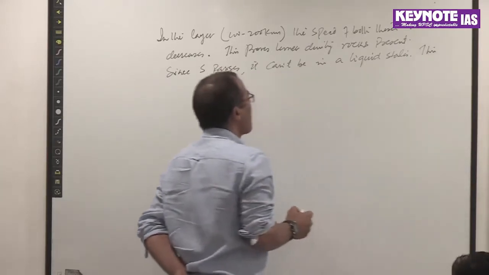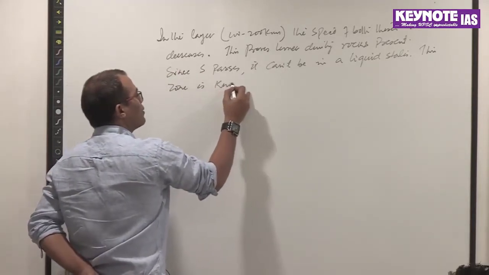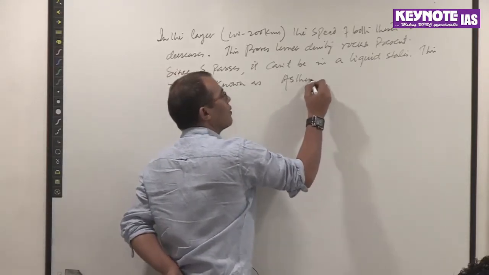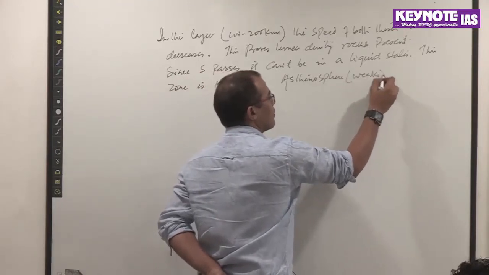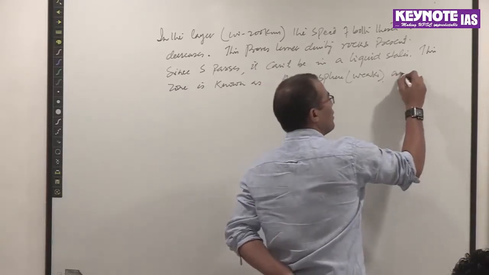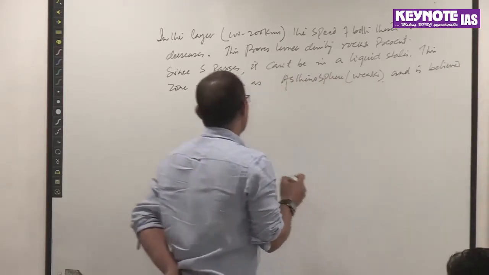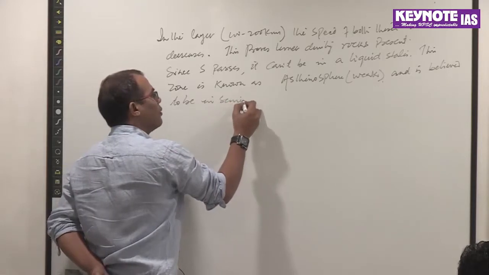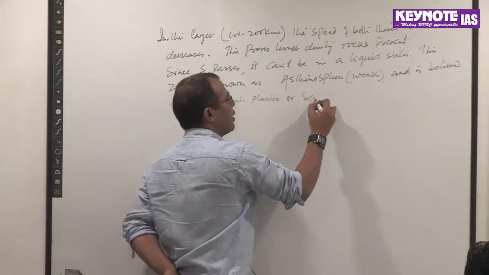This zone is known as asthenosphere. Astheno means weak. This zone is known as asthenosphere and is believed to be in a semi-plastic or semi-liquid state.